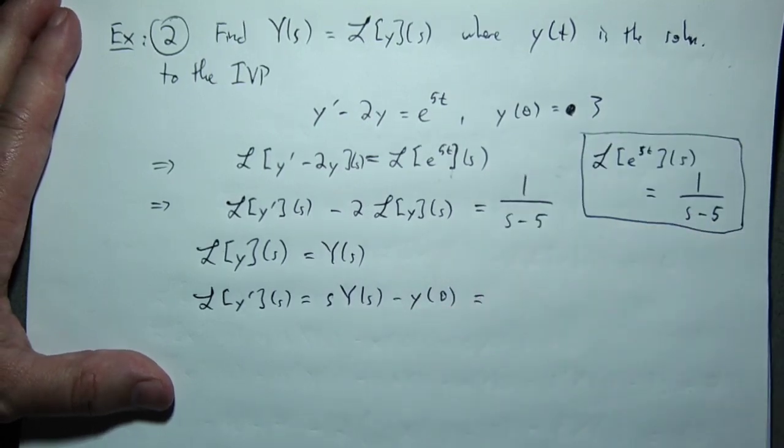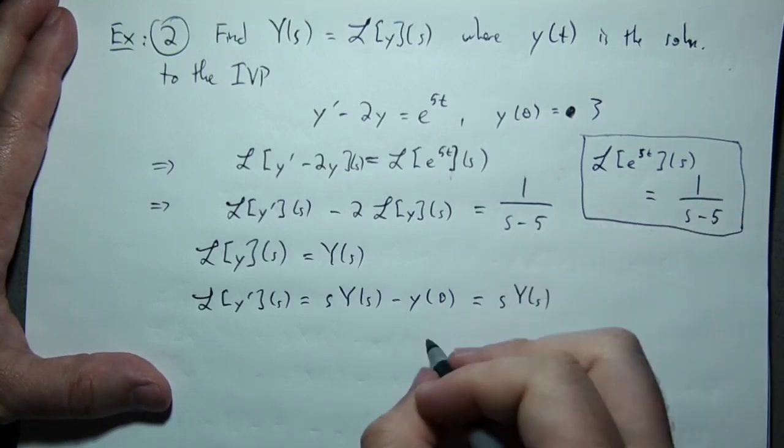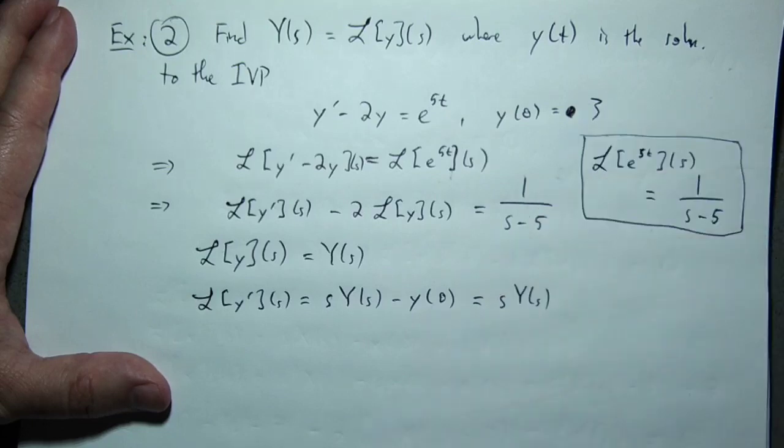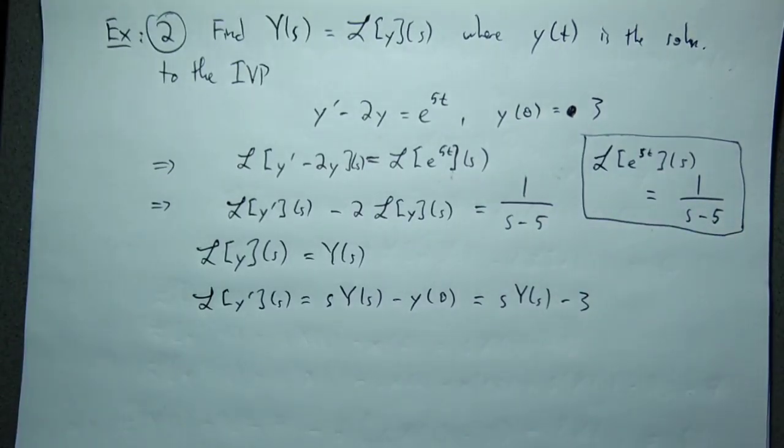Now you might be saying to yourself, notice that in order to do this process, I very much need these initial conditions. That's true. For Laplace transform stuff, you are always applying it to an IVP, not a general differential equation. You need the initial conditions to actually get something.